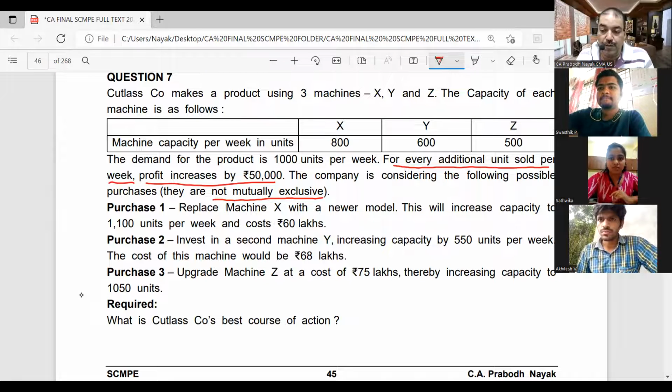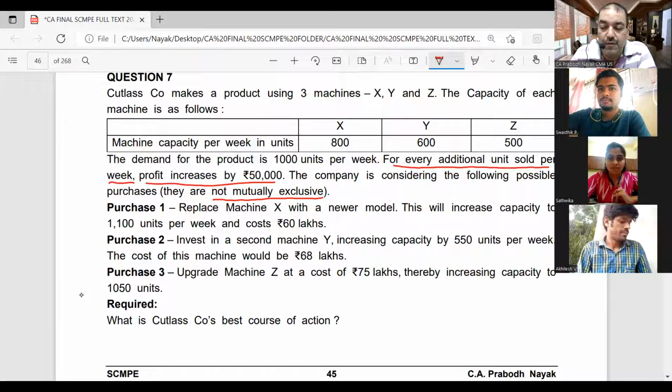So which machine has got minimum capacity? Machine Z. So can I say machine Z is a bottleneck activity? Yes or no? Or is it machine X?